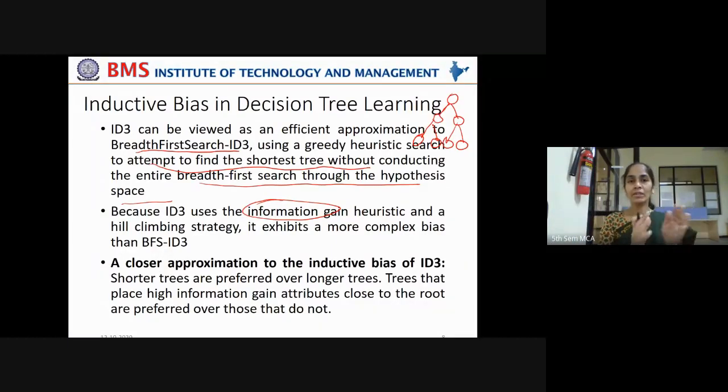In that you have 1 level decision trees, 2 level decision trees, 3 level decision trees. Now the ID3 algorithm performs a breadth first search. First it searches all the simple trees, then goes to complex trees, then to more complex trees. It keeps on searching, but we are limiting its search by helping it with a measure called information gain. This information gain will help it find the best split point in order to make better classification.